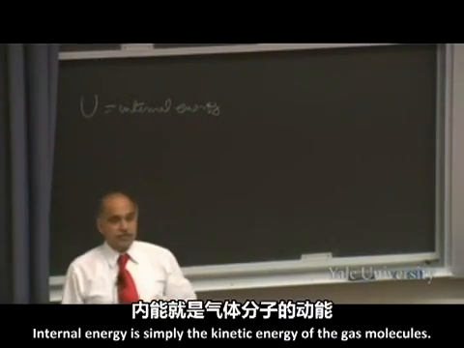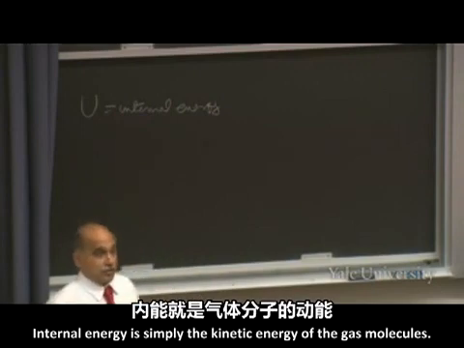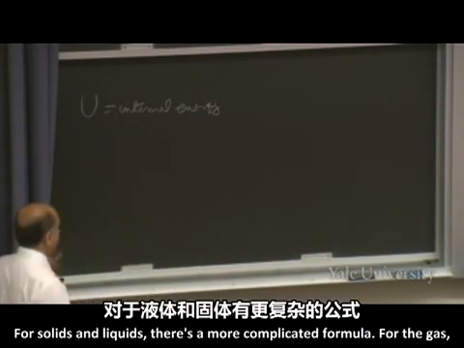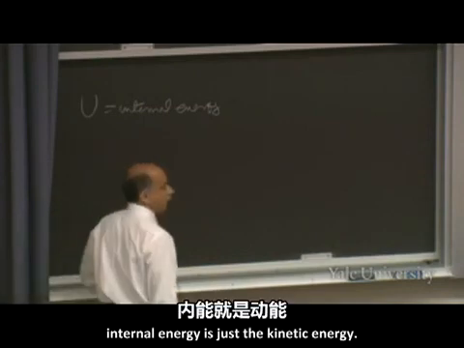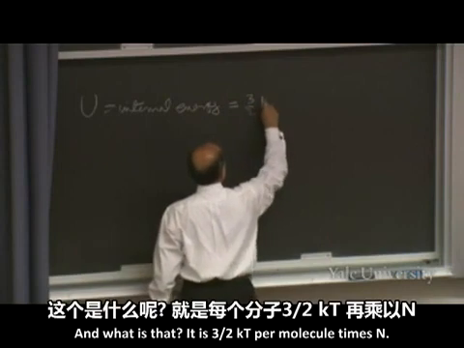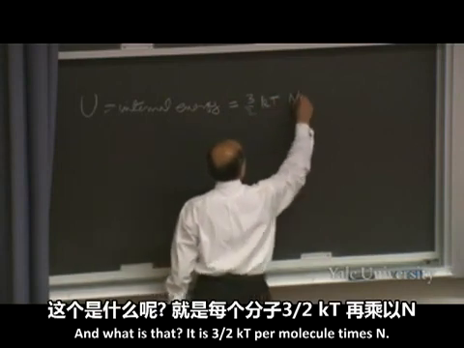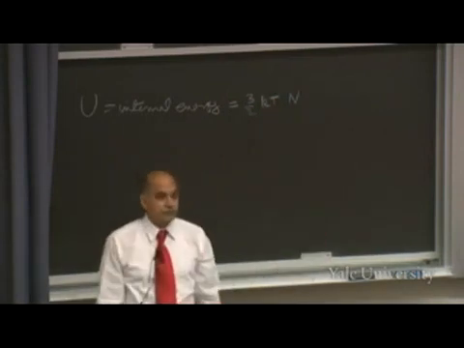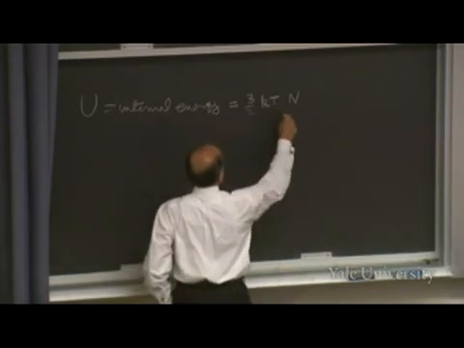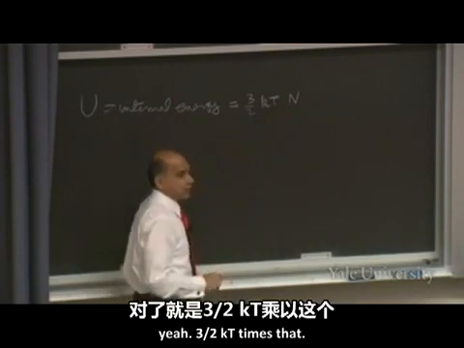The internal energy is simply the kinetic energy of the gas molecules. For solids and liquids, there's a more complicated formula. For the gas, internal energy is just the kinetic energy. And what is that? It is 3/2 kT per molecule times n. I'm sorry, 3/2 nkT.